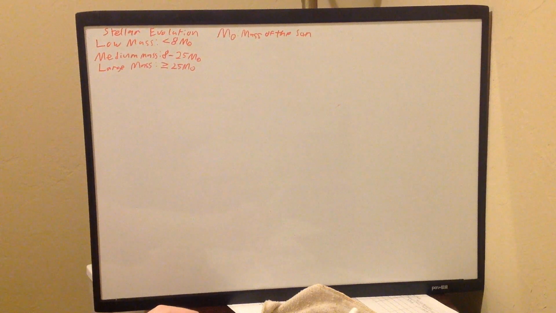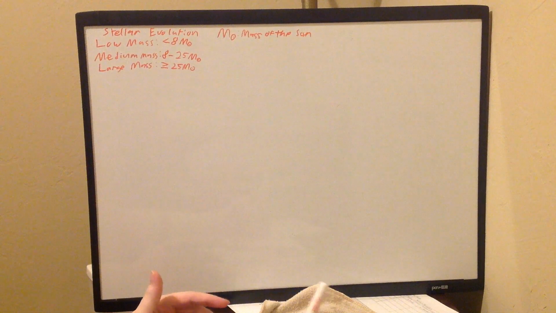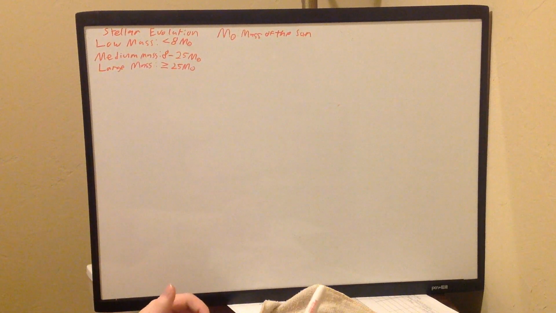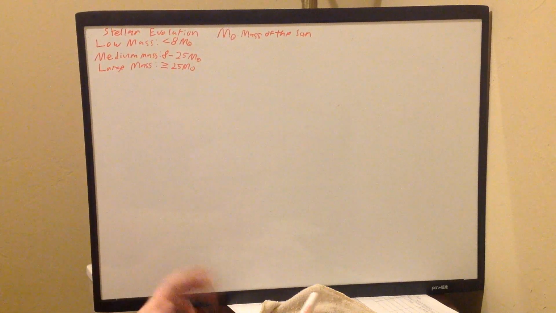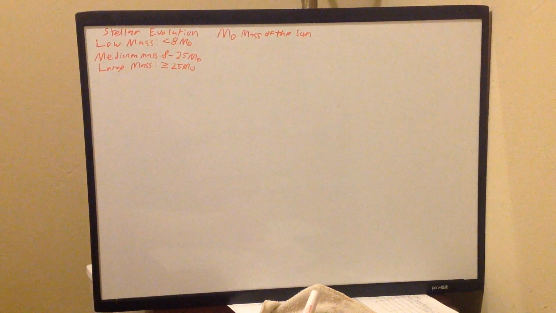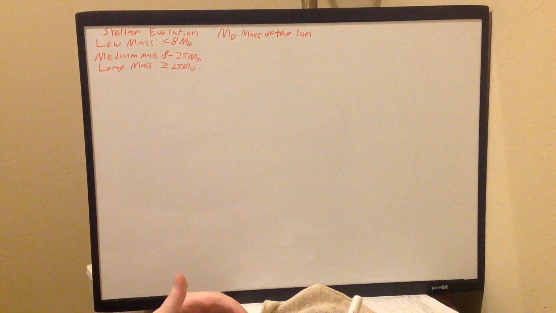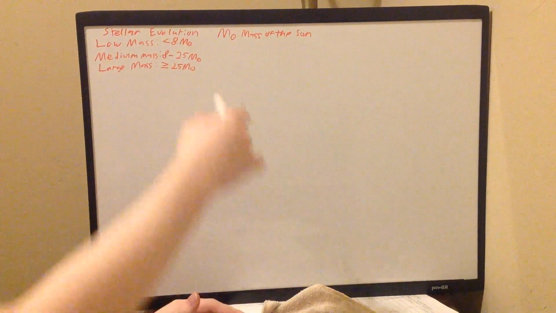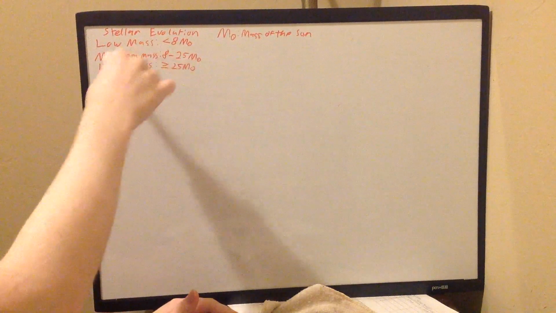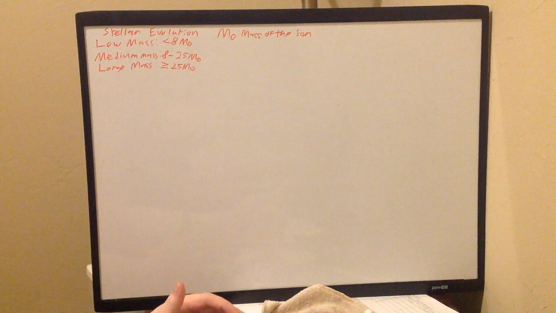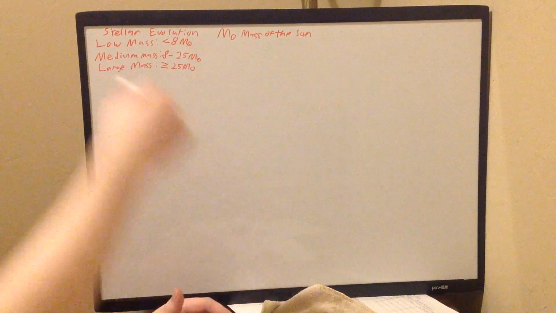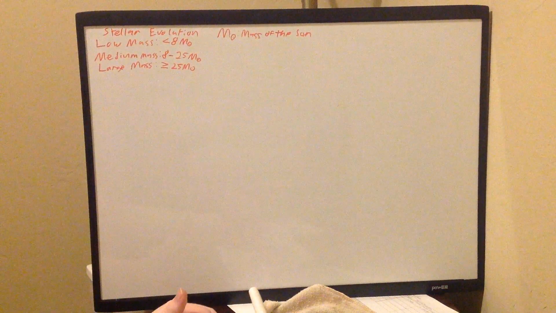It is defined relative to our sun, so our sun is 1 solar mass by definition, and a star that was twice the mass of the sun would be 2 solar masses, and so on. Now, the assignment that you're going to be doing for this week confusingly uses a slightly different notation, which includes what I call medium mass stars in the large star category.